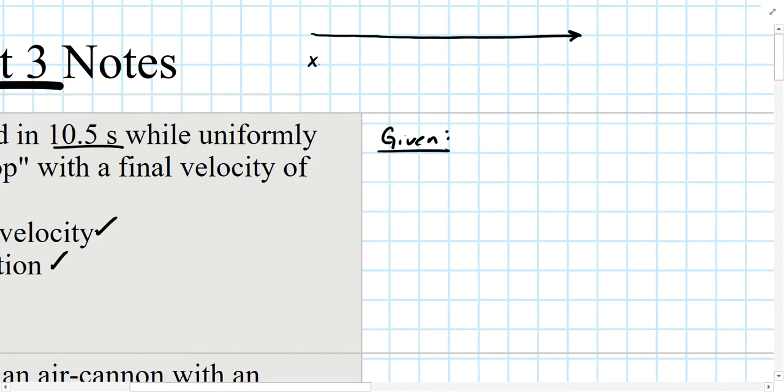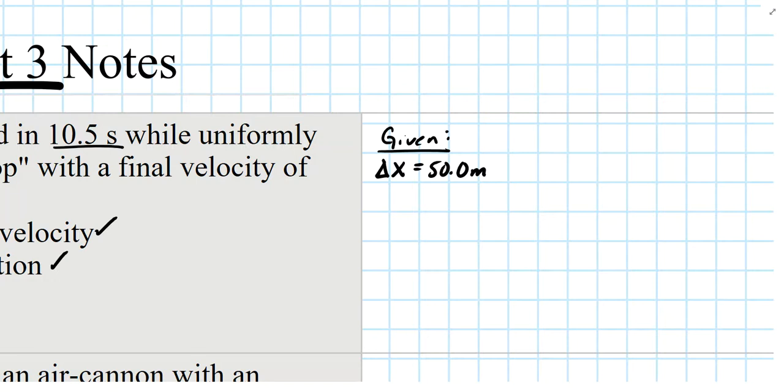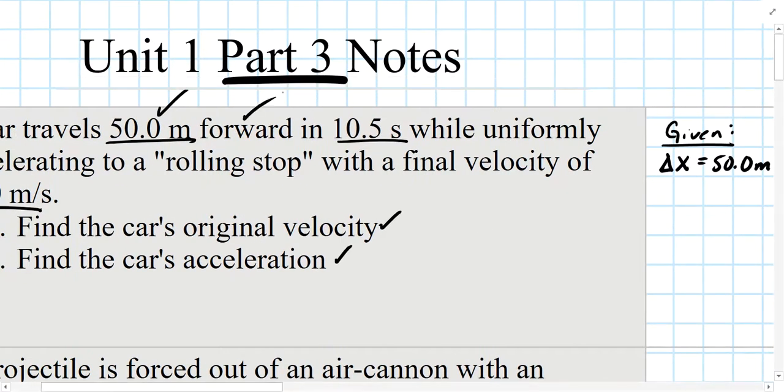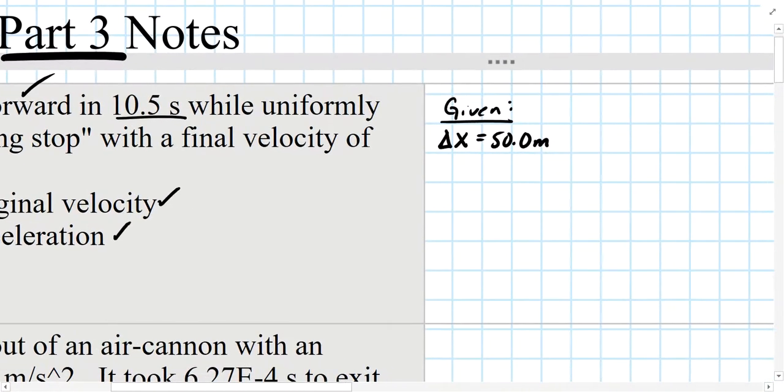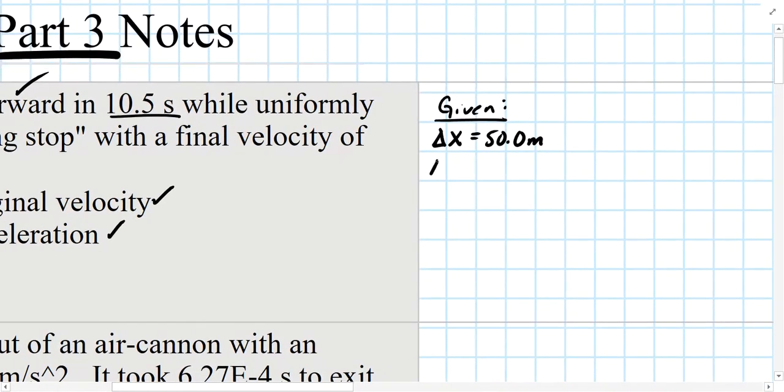Well, it started at some position and it ended at some position. And the difference between the two is the displacement. So I'm going to label delta x as 50.0 meters. And of course we'll label this as a positive value because it was clearly indicated that we moved forward. It took 10.5 seconds to do so, so the amount of time that has passed, or delta t, is 10.5 seconds.